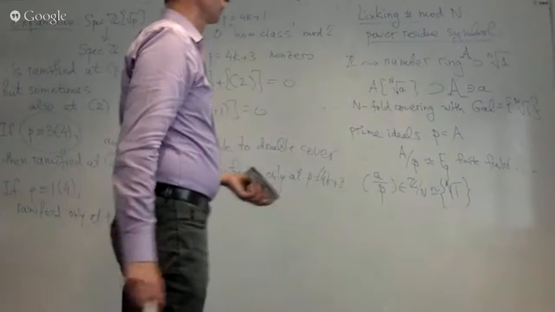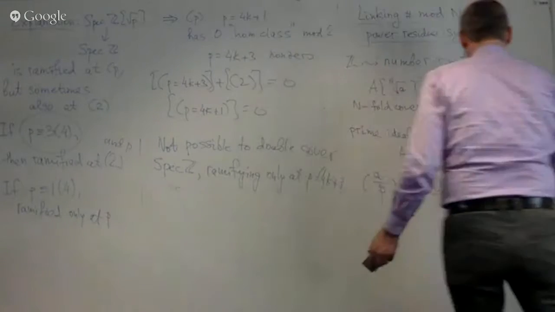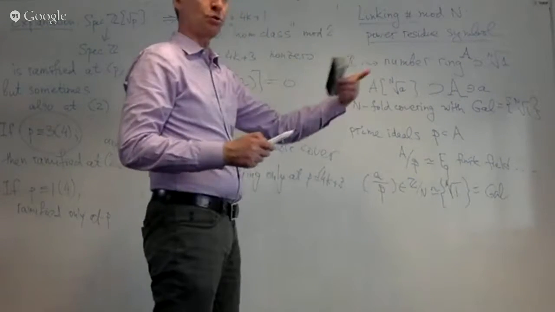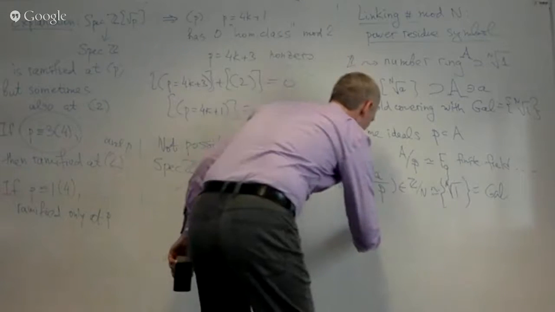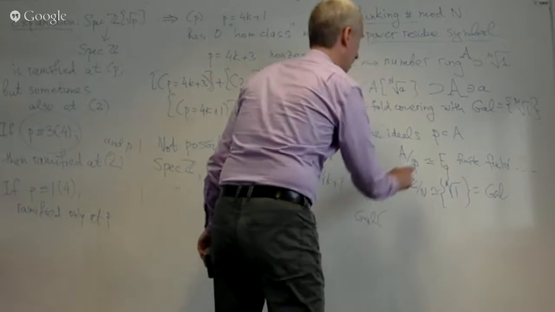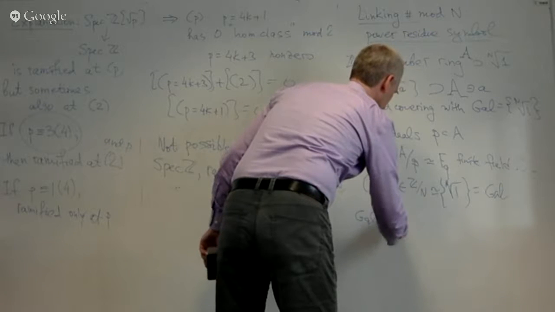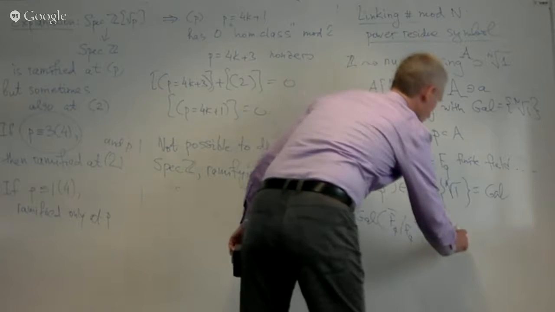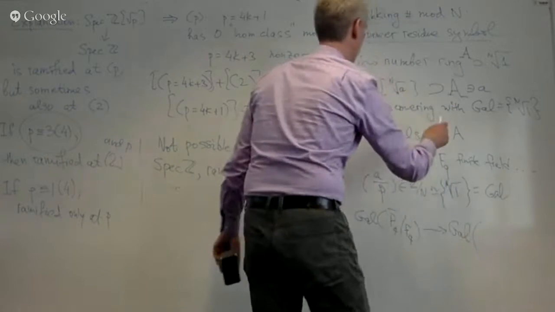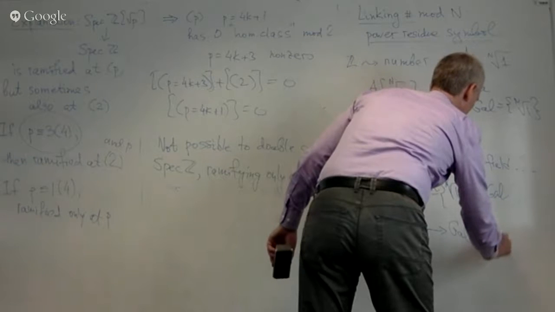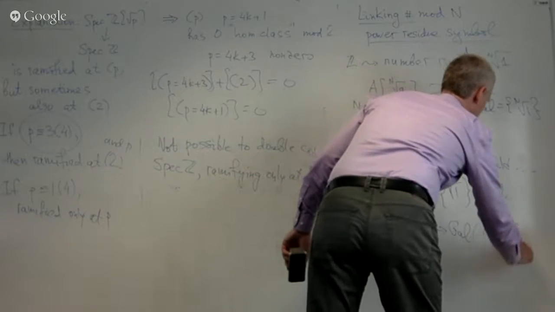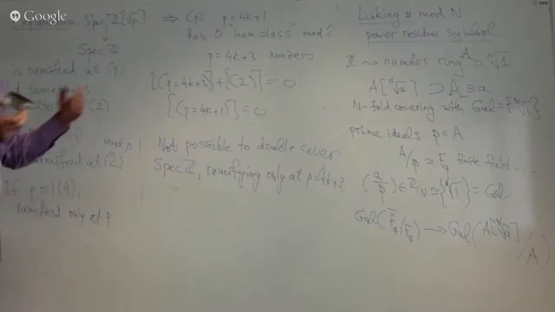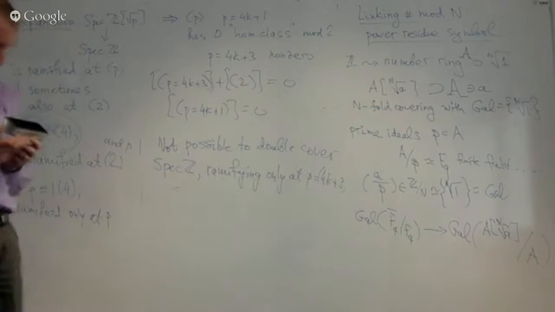It's a sort of deck transformation corresponding to the lifting of the Galois group of FQ bar over FQ, and it maps into the Galois group of this extension, A. And it's the image of the Frobenius, which is also the deck transformation, which is this A over P.